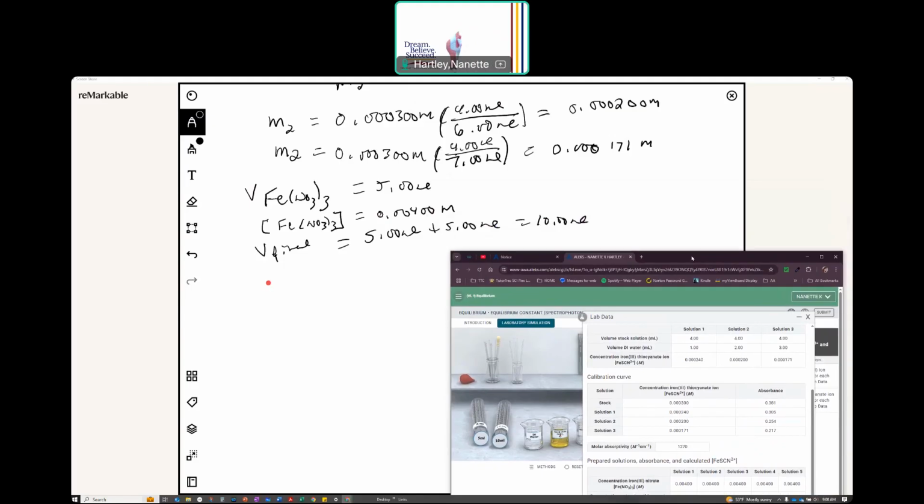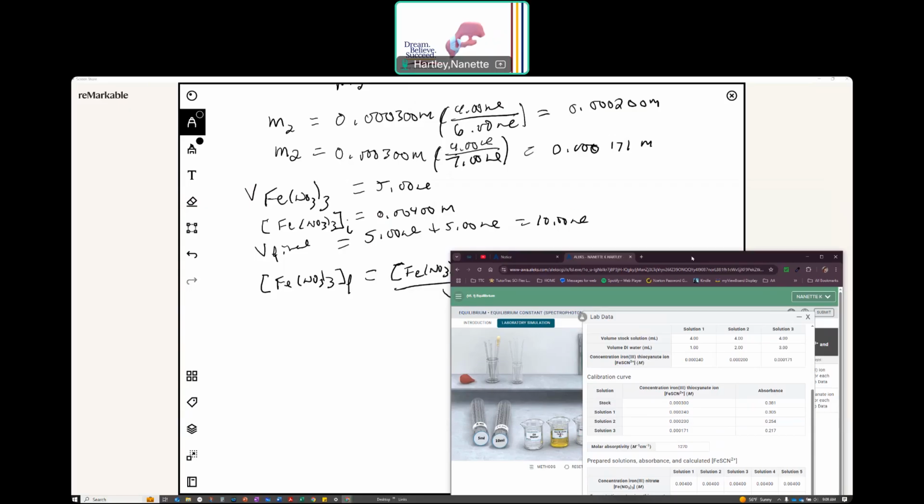So if I want the concentration of FeNO3 final, where subscript F is final, it equals the initial molarity, subscript I, times the initial volume, V subscript I, over V subscript F.